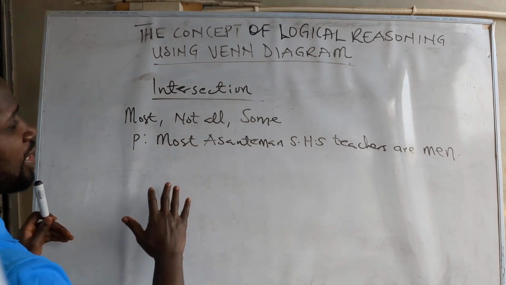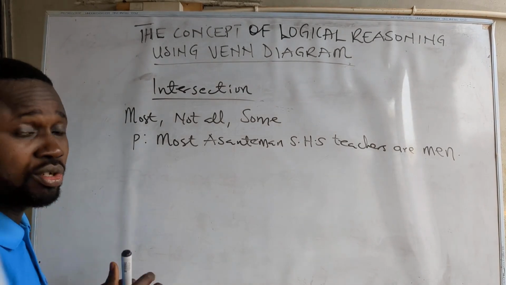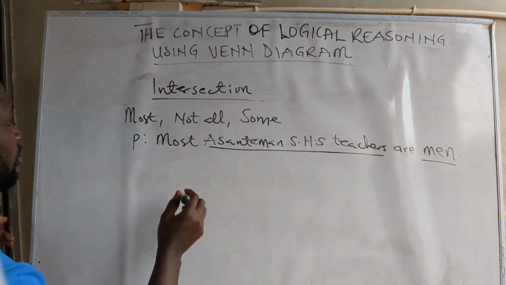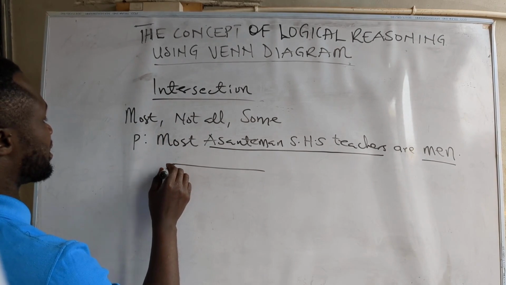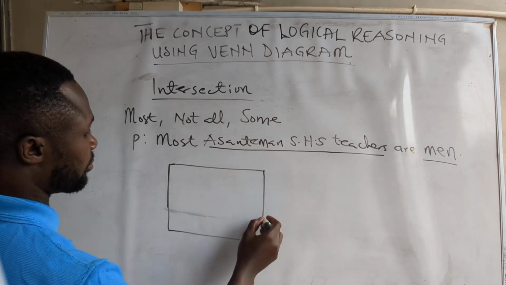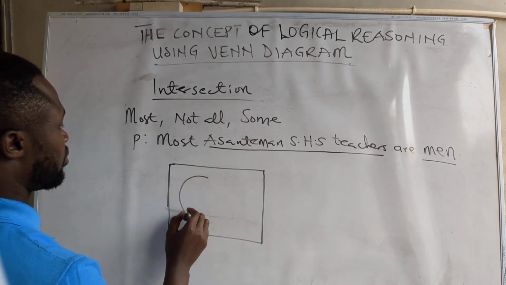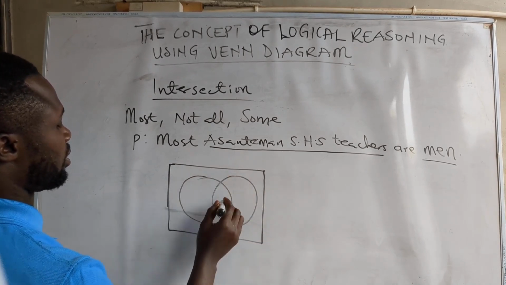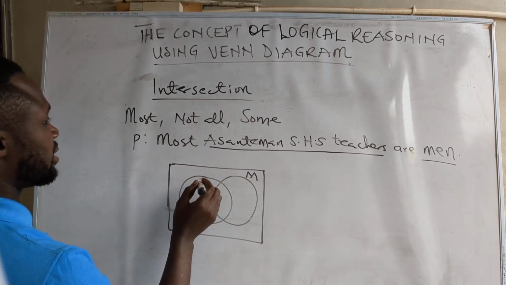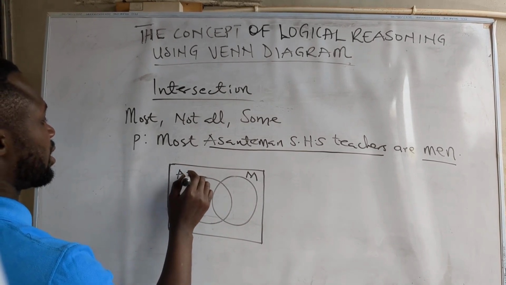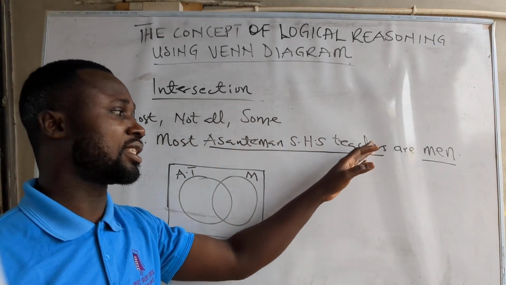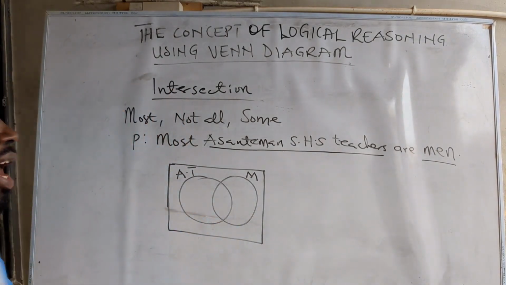If I'm to draw my Venn diagram for this, I have two groups I'm talking about here: Asante SHS teachers and men. Most of them are men.